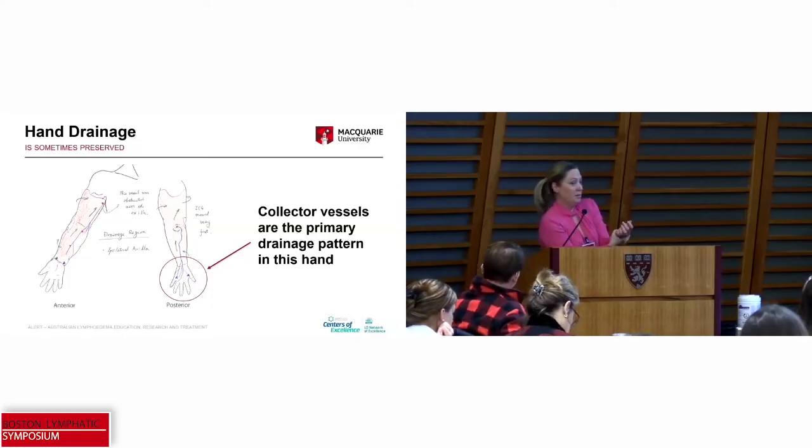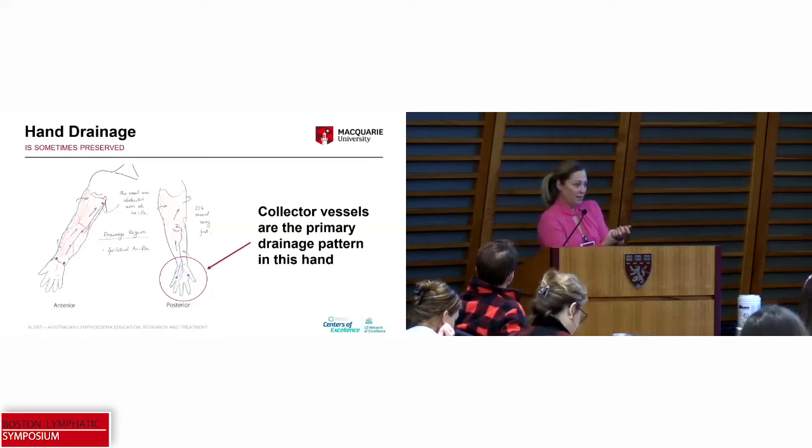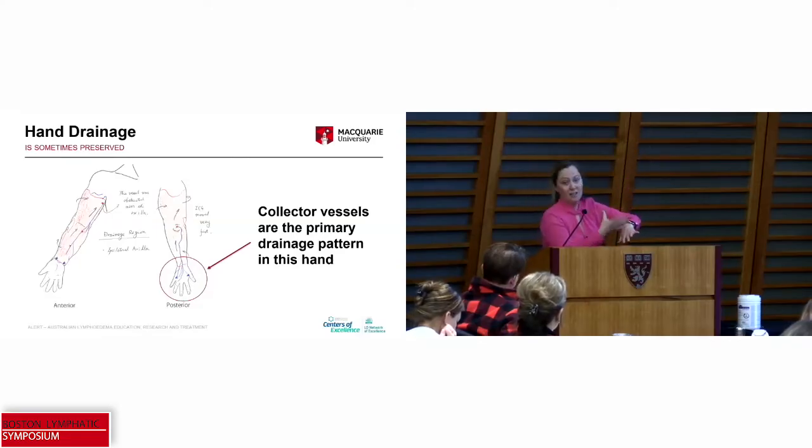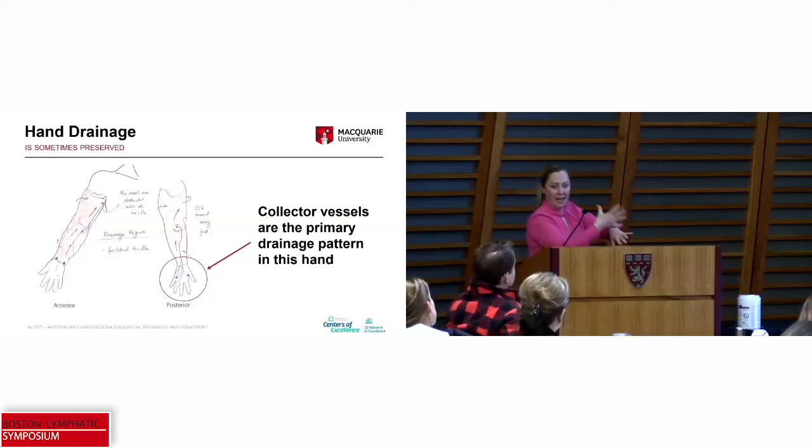If I'm doing a flat knit custom made garment for this sort of patient, I'll always add at least an extra centimetre to my seam measure to ensure that we don't end up squeezing the wrist too tightly and causing an obstruction of those nice collector vessels out of the hand, because the last thing I want to do is give somebody like this hand swelling because I've occluded that nice drainage out of the hand.